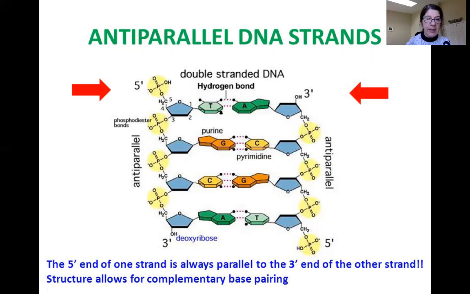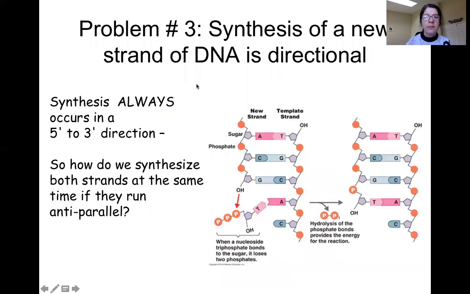Well, that's great, but I just told you that synthesis always occurs in the 5' to 3' direction, which means synthesis on one strand will occur this way, but on the other strand, it has to occur in the opposite direction. So how does that work, right? So this is problem number 3.